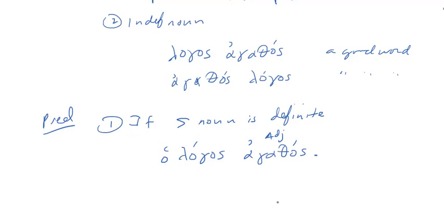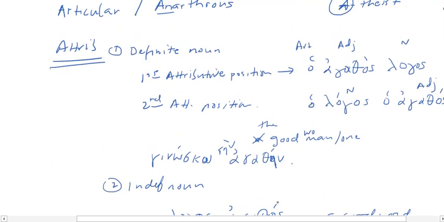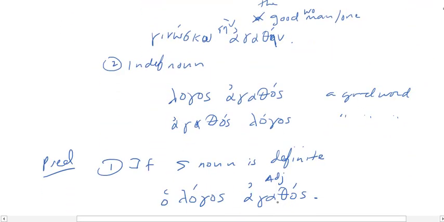Do we have that situation here? Yes. We do, right? But when it comes to attributive adjectives, there was one thing that we also learned. If the noun is definite, what is true of the adjective? It will also be definite by way of an article, right?